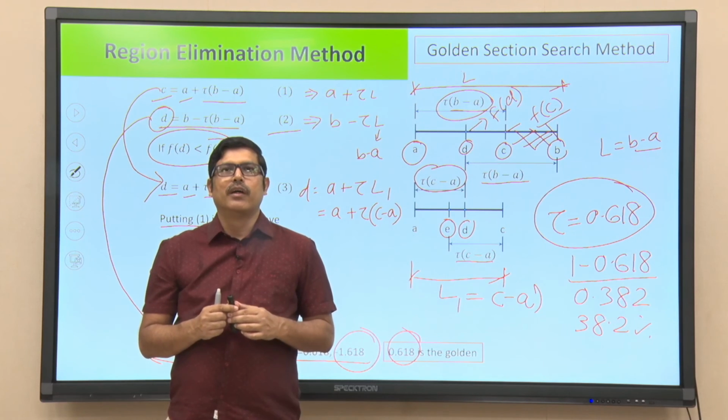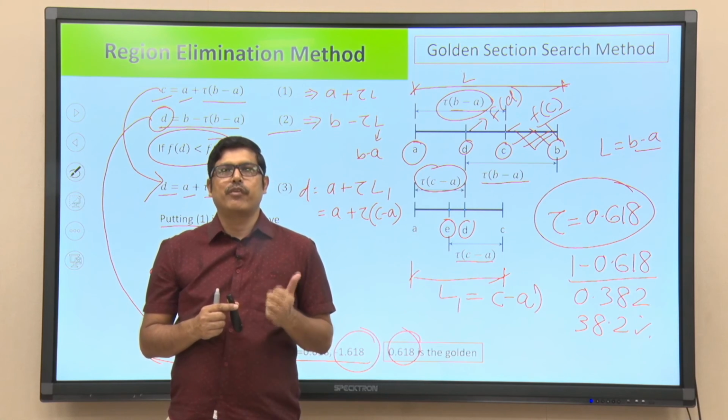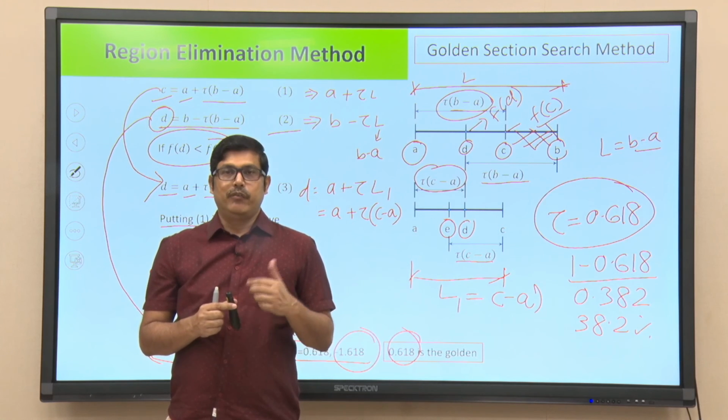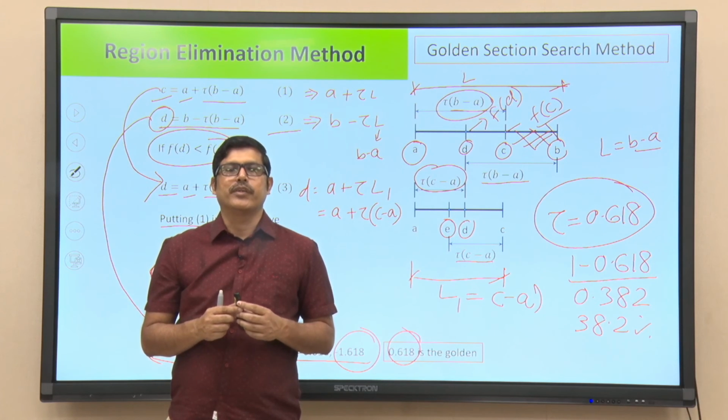Okay. So, therefore, the area eliminated per function evaluation is 25% and in this case this is 38.2%. So, if you compare these two methods, in that case the golden section search method is more efficient.